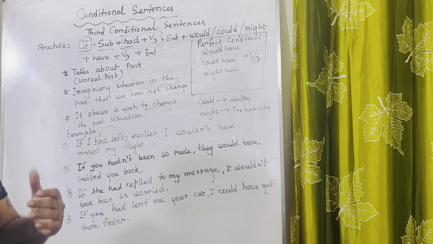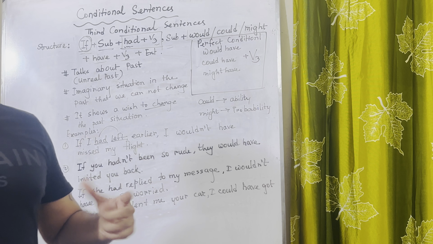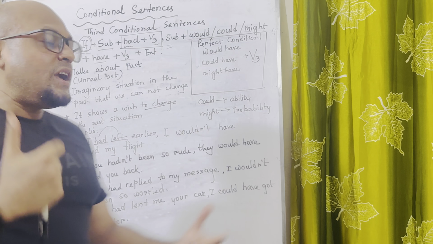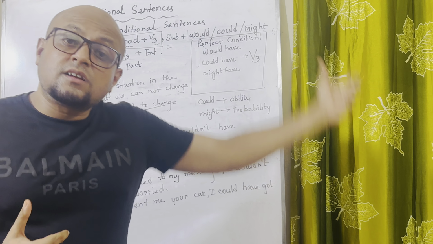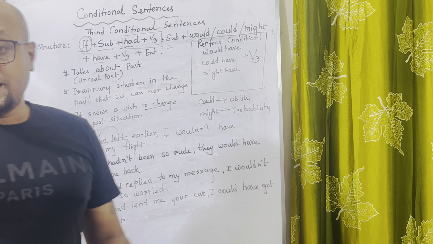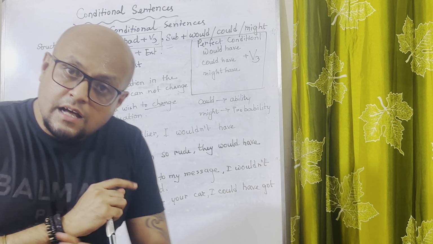So what is this sentence actually expressing? Well, it is expressing the speaker's wish that he could have left a little bit earlier, but it could not happen because he already missed the flight.